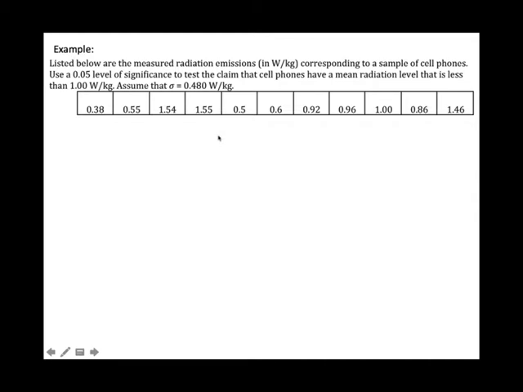Do you know how to use your calculator to find the sample mean? Or you could just add it all up and divide by the number of values. So you should get this too. Actually, we don't need the sample standard deviation because they give the population one, and that's why we'll be using the Z distribution.